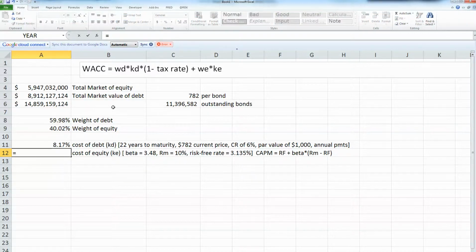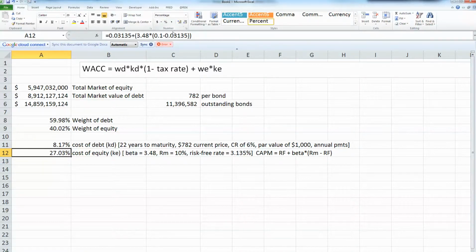My risk-free rate is 0.03135 plus my beta of 3.48 times the return on the market of 10% or 0.1 minus the risk-free of 0.03135. Just closing all my parentheses. And I'm going to format that as a percentage.